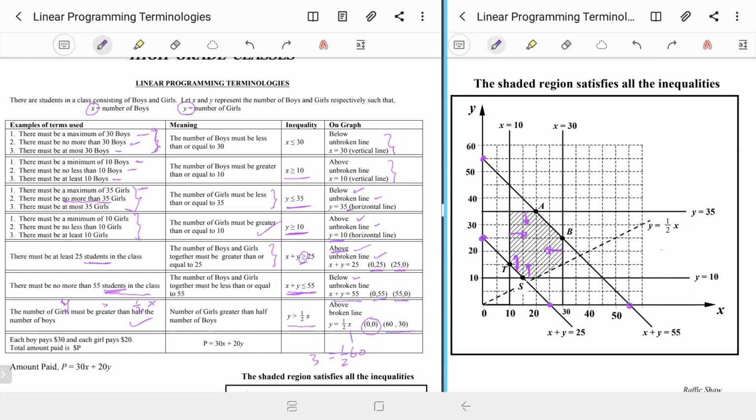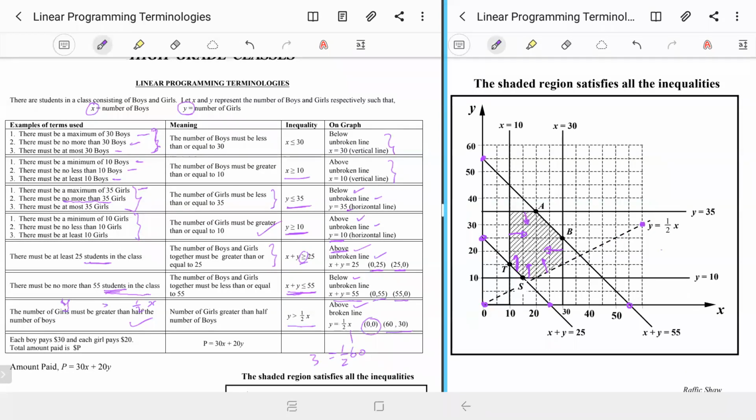So it passes through 0, 0 and 60, 30. Then you draw that line, and you draw it broken. What does that broken line mean? It means I want above it. Let's mark it above this line.